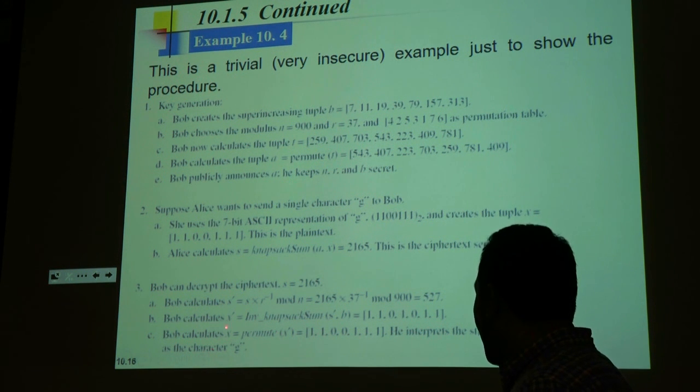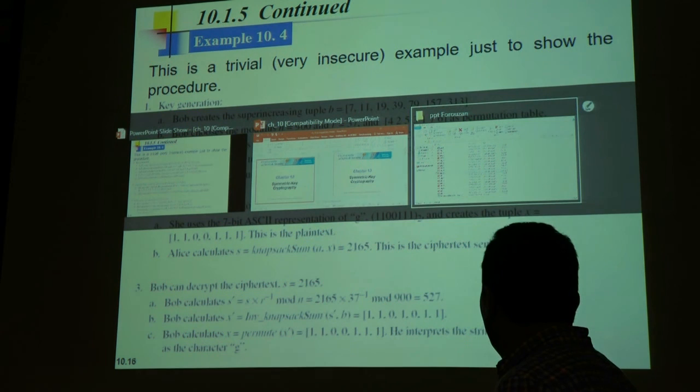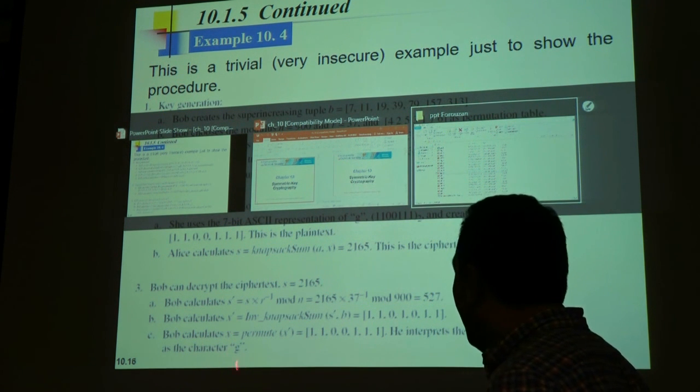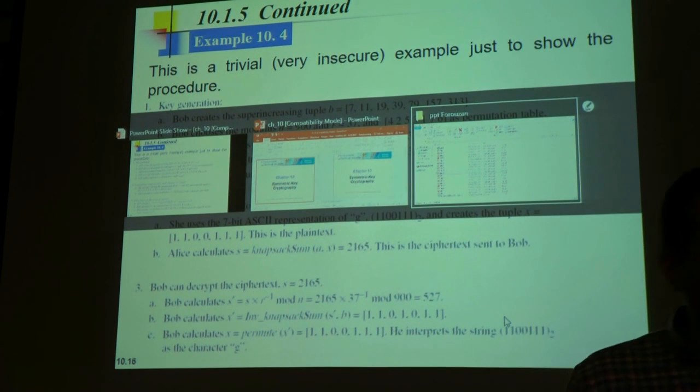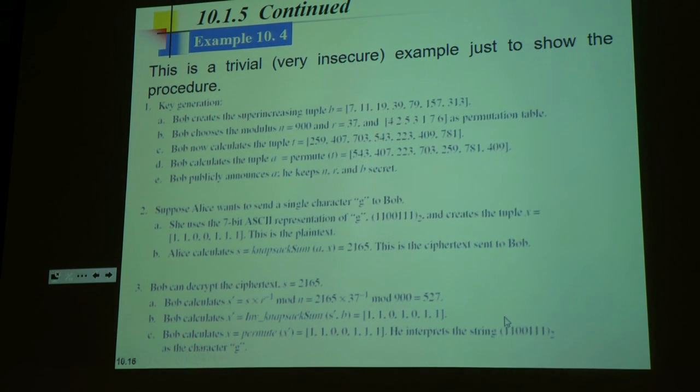Now Bob calculates X permutation, so we have to arrange it with the same permutation. Number 1 will go where? Number 4. So number 4, where is number 4? It's 1, came in here. Then number 2, where is number 2? 1 will go in here, and so on and so forth. By the end, it will give you this binary, it will give you the G.